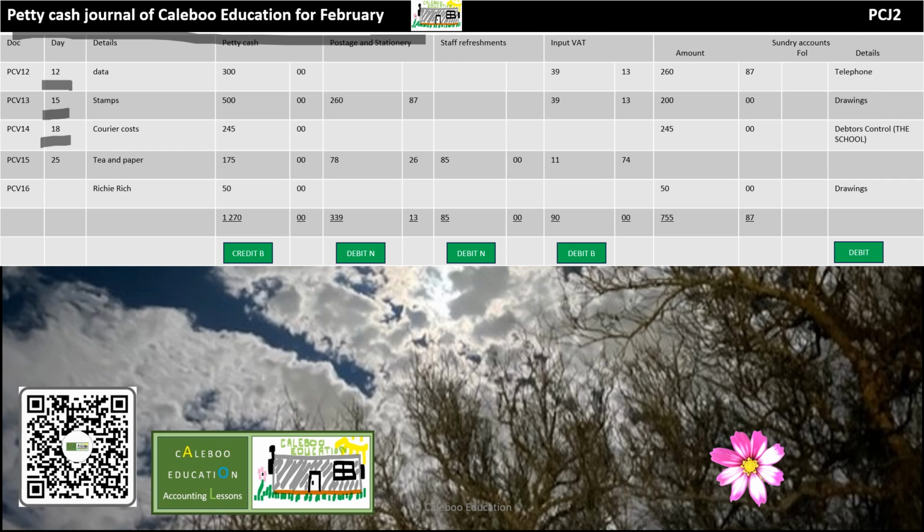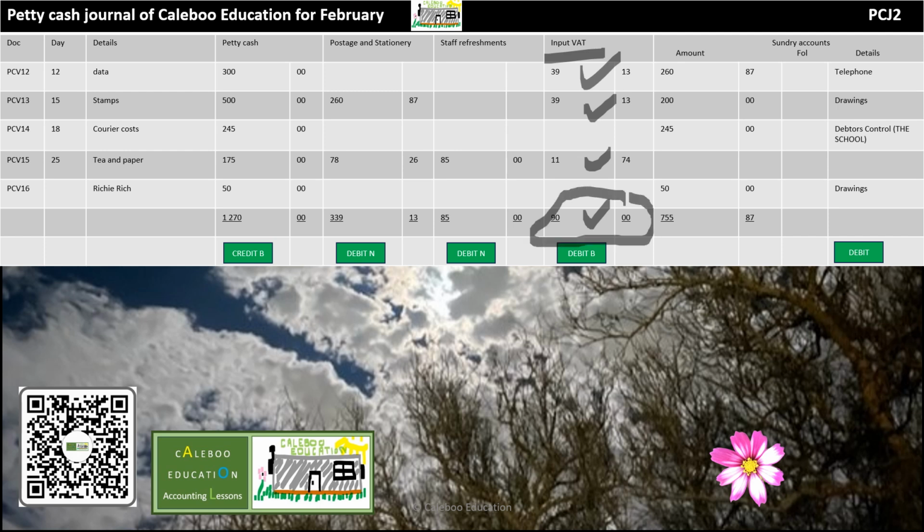Because what is the purpose of a journal? It's to take the load off the ledger. So we don't want to post to input VAT, let's say for example, that amount, and that amount. We have a column for input VAT, so we take only the total to the input VAT account on the last day of the month. If it appears under sundry, then we take the information on the day the transaction took place, these individual amounts for different things, telephone, drawings, debtors control, drawings.